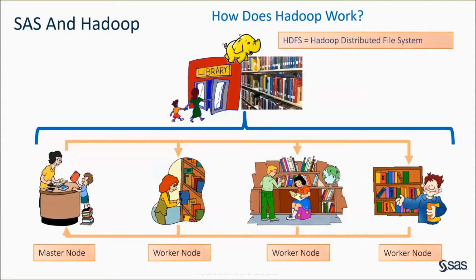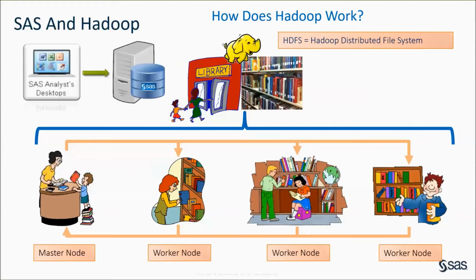So let's get into the processing component. That's how things are stored. So as a SAS user, your interface could be anything from Office Analytics, Enterprise Guide, SAS Studio, what have you. And you want to connect into the Hadoop cluster. So you go through your SAS instance and try to get the handshake we talked about in the previous slide.